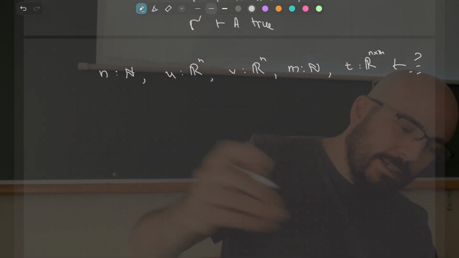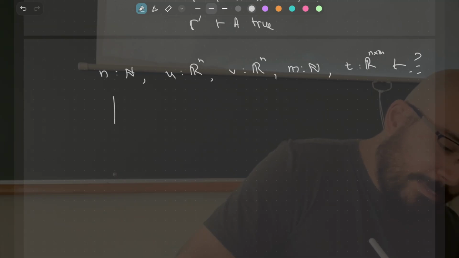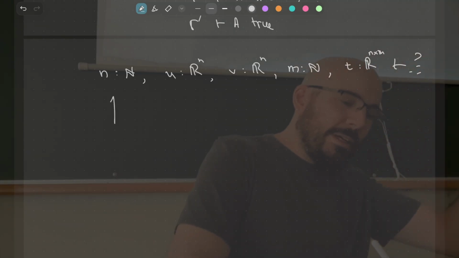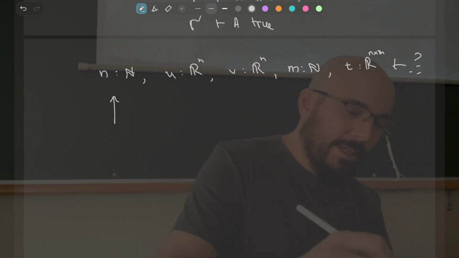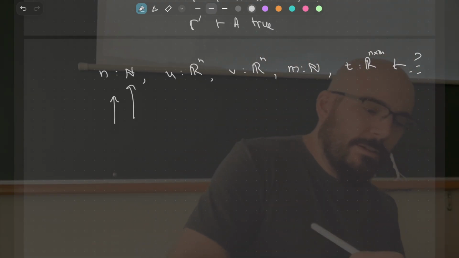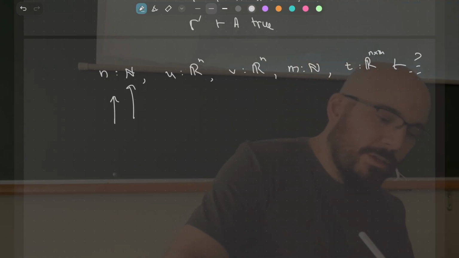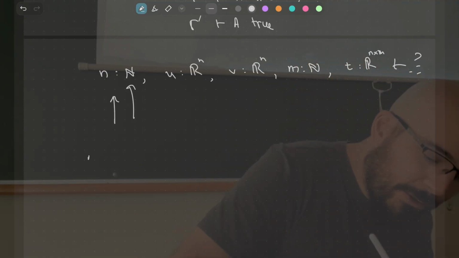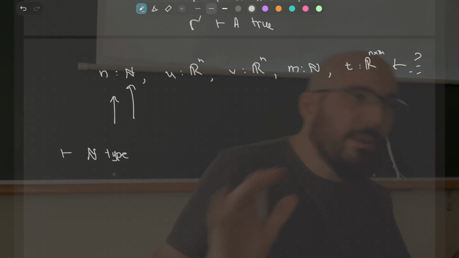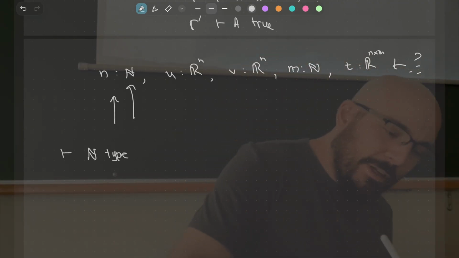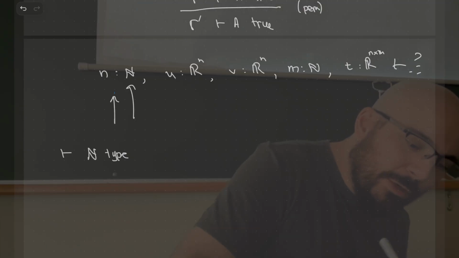Okay. Anytime you write a context, let's put a pointer on the first thing that I'm reading in the context. It should be the case that this thing is already a type. So when I'm reading this, I should know that n is a type out of nowhere. I should know that already. Now I move my pointer to the next one.